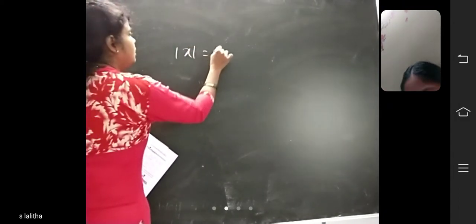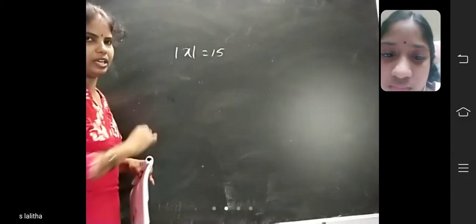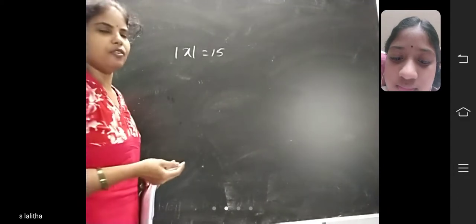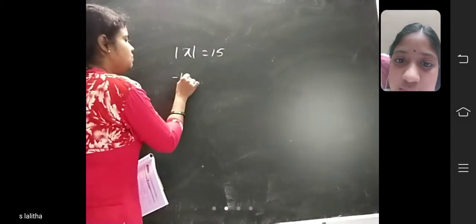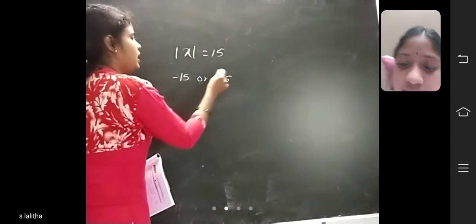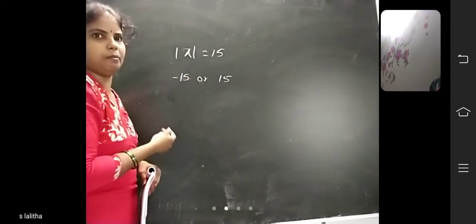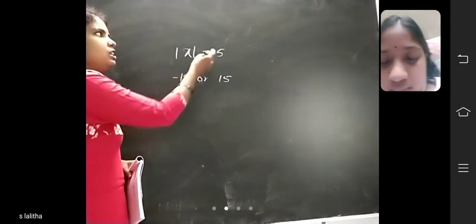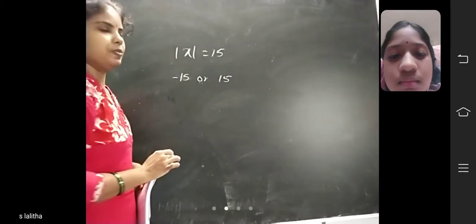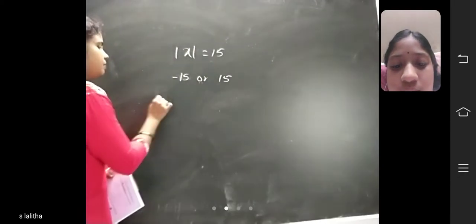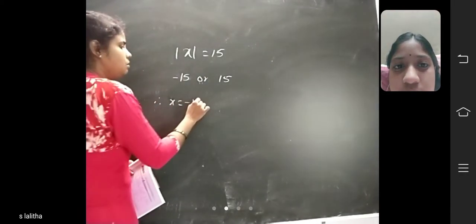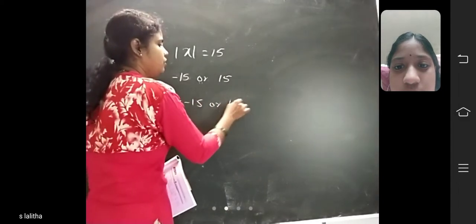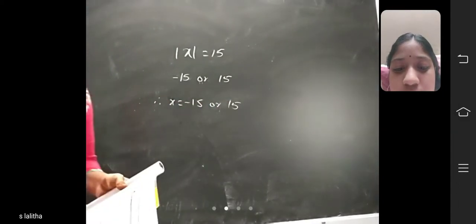Modulus of x equal to 15. What is the value of x? Is it minus 15 or 15? Either a negative number or a positive number, any one number will give 15 as the answer. Okay. So what are the values of x? x is equal to minus 15 or 15. Okay, children?